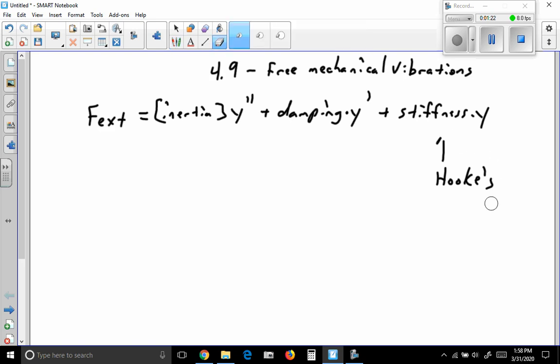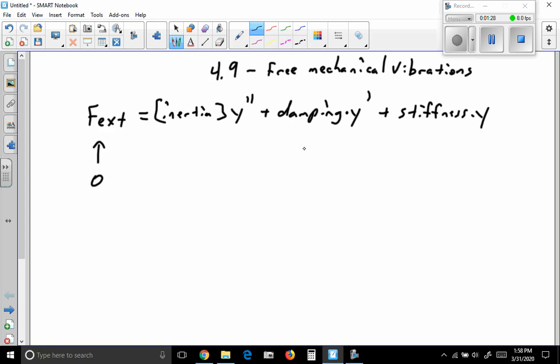So when we're dealing with free mechanical vibrations, the external force is 0, and we have no damping. So B is 0. So that leaves us with mass times the second derivative, 0 times the first derivative, plus K times Y equals 0.